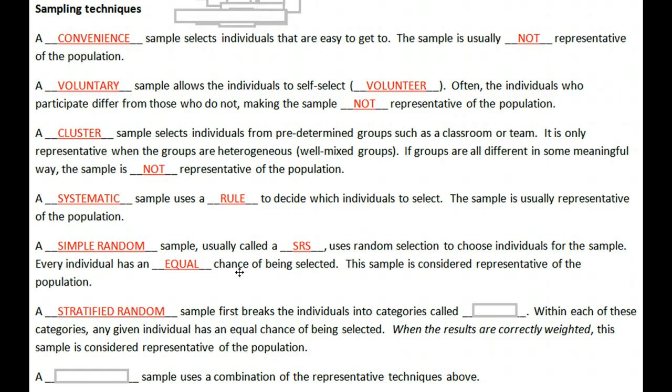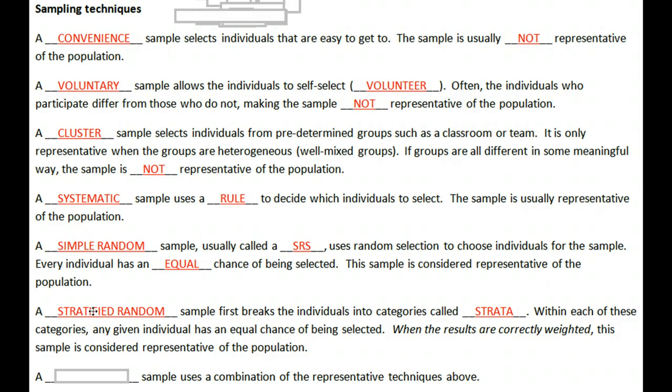Next one, a stratified random sample, first breaks individuals into categories that we call strata. Within each of these categories, any given individual has an equal chance of being selected. When the results are correctly weighted, it's considered a representative sample of the population. Now, this might sound a little complicated, but imagine you have a school with freshmen, sophomores, juniors, and seniors.